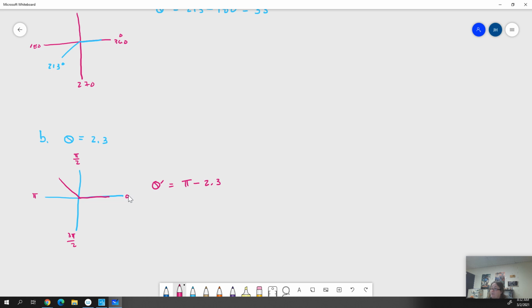You can use a calculator if you want and get an approximation. I don't know what 3.14 minus 2.3 is, because pi is 3.141592 and so on forever. Use a calculator. Pi minus 2.3 is going to be about 0.842.